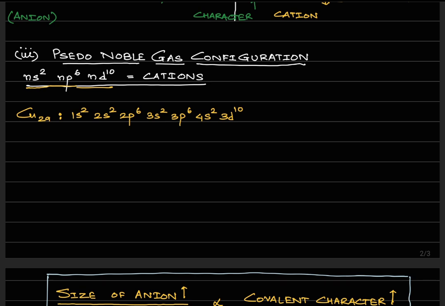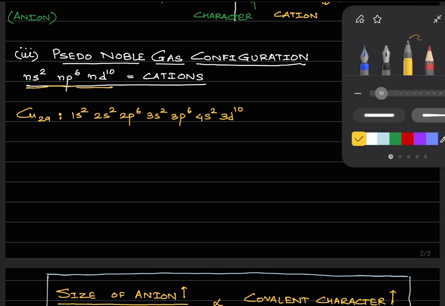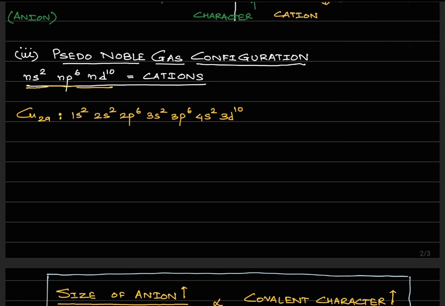Yes, I know, before you say that sir has gone wrong, that from 4s one electron would go, and therefore you would have 3d10 and 4s1. And why is it 4s1? Because one electron has jumped into the d orbital. It was actually supposed to be 3d9 4s2, but one electron jumps to achieve more stability.